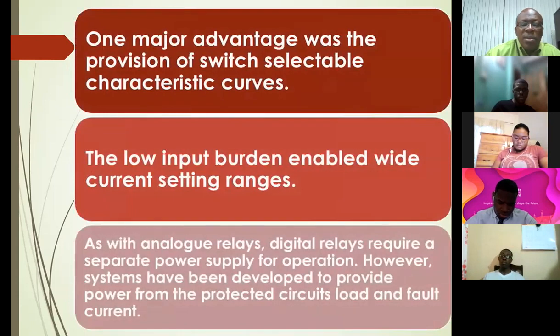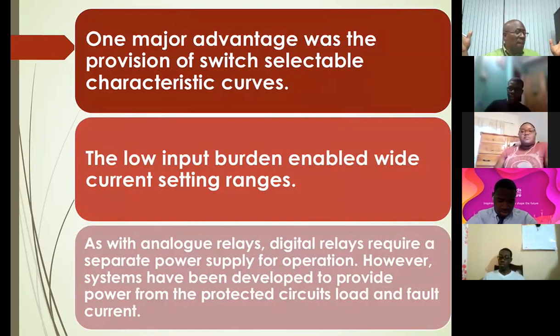All right. So you have, as I mentioned, the selectable curves. You have all three available. We have already spoken about the burden advantage, whether it is the analog or the digital, it doesn't matter, right? Just as good.